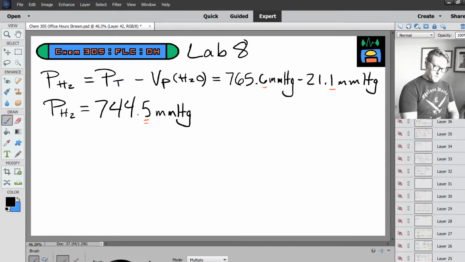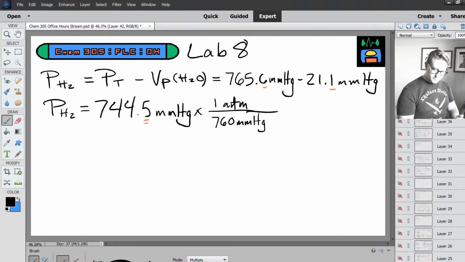If you convert from millimeters of mercury to atmospheres, and this is an exact conversion, millimeters of mercury cancel.